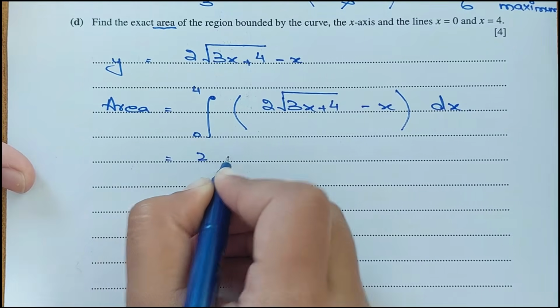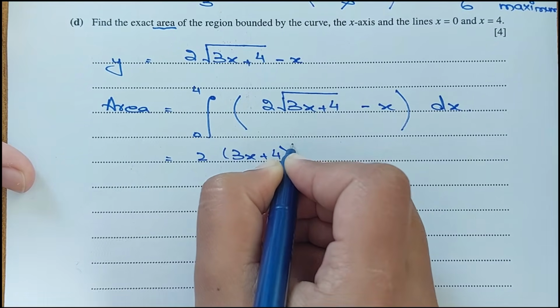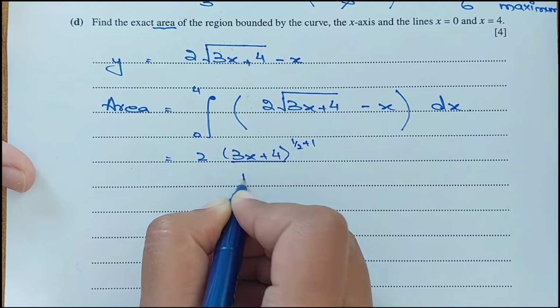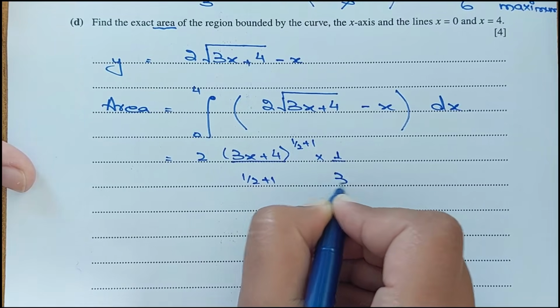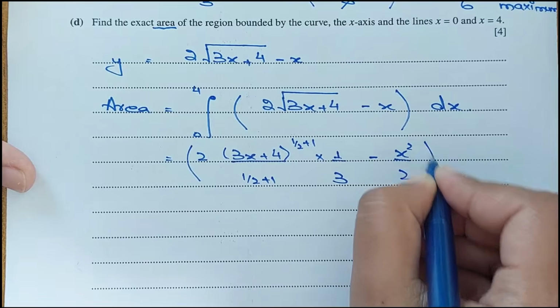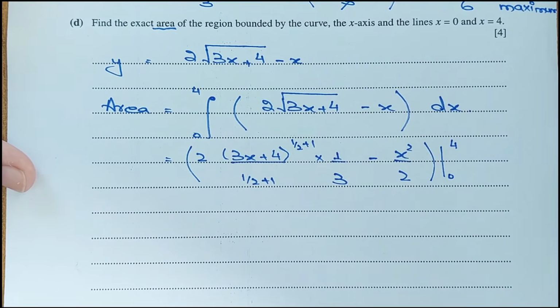Okay, so 2 is outside. The power rule: 3x plus 4 to the power 1 by 2 plus 1 over 1 by 2 plus 1, times 1 over the derivative, which is 3, minus x squared by 2. It is a definite integral, so we are not adding c, between 0 and 4.